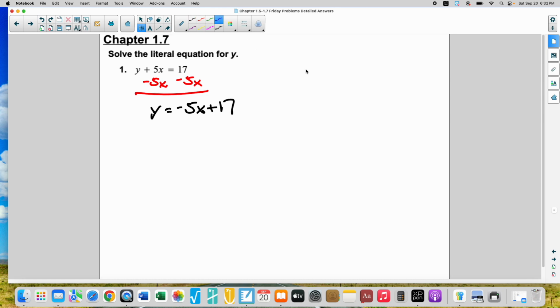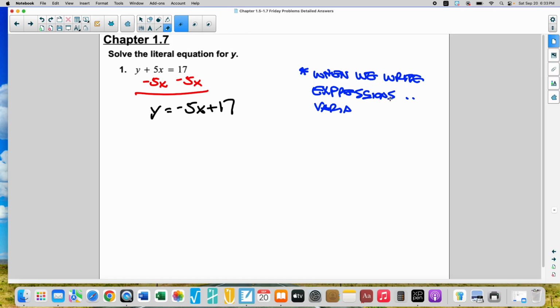Now remember, when we write expressions, variables, we can make those dots. When we write expressions, this is an expression. It's the right side of the equal sign.